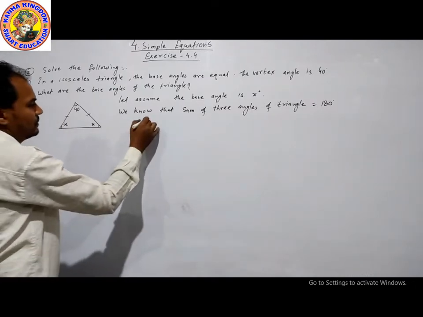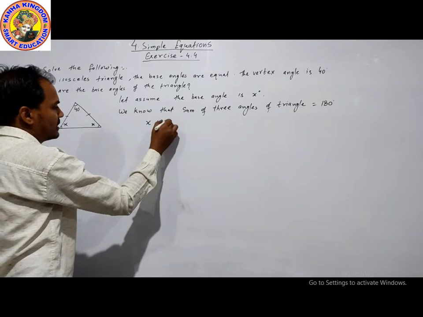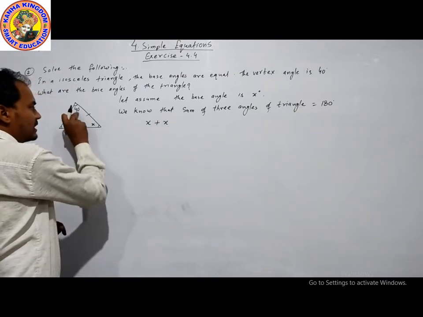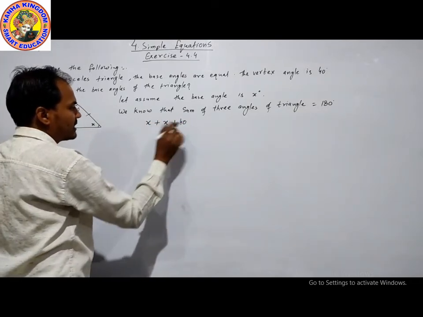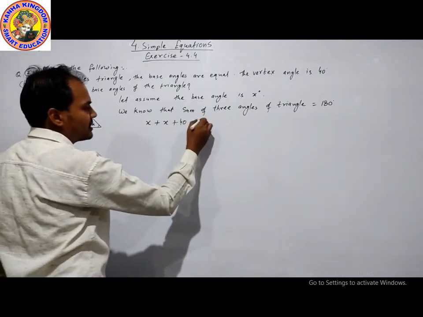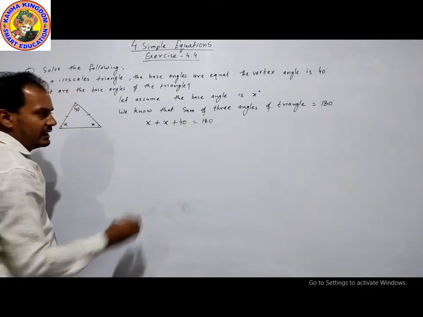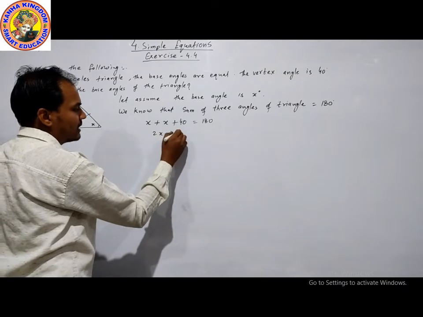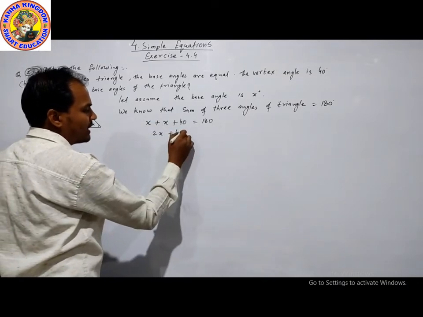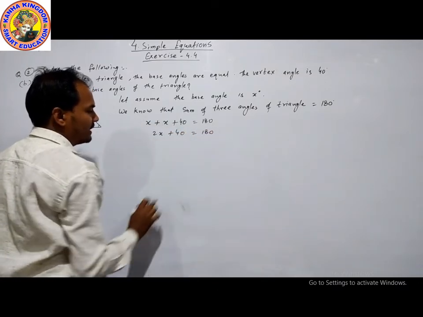In this diagram, x plus x plus 40, the sum of the three angles, is equal to 180 degrees. So x plus x is 2x, 2x plus 40 is equal to 180.